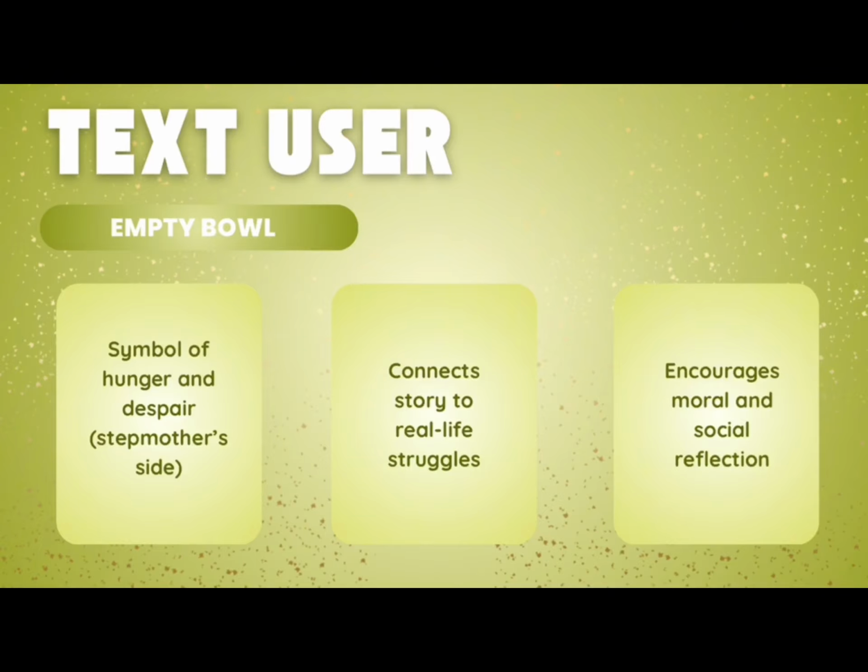This visual prompts viewers to consider scarcity, survival, and ethical decision-making. It encourages them to relate the story to human behavior and social situations, showing that narratives can teach us empathy and awareness of real-world challenges.